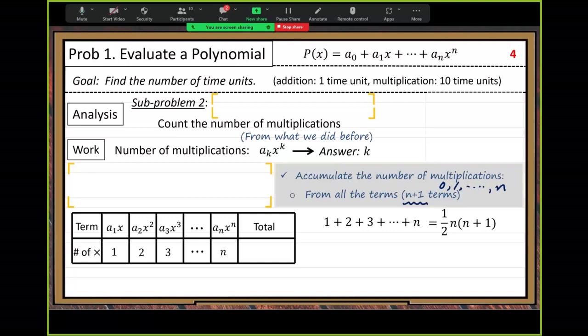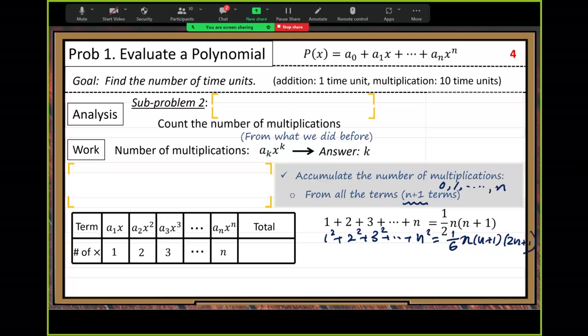Remember last time we learned the formula for 1 square plus 2 square plus 3 square plus dot dot dot, n square: 1/6 n times n plus 1 times 2n plus 1.